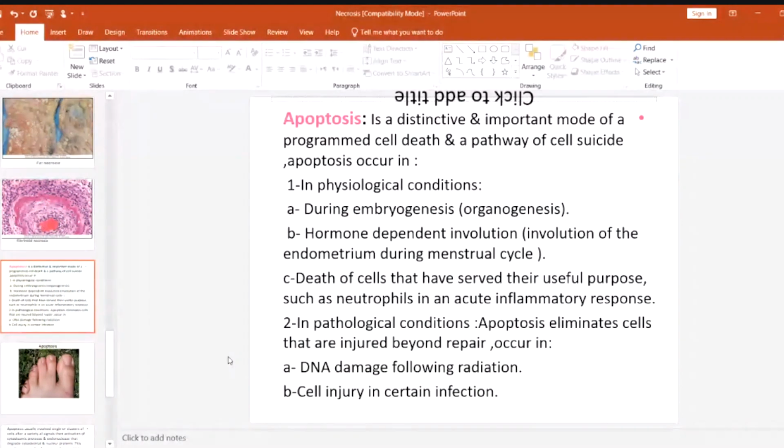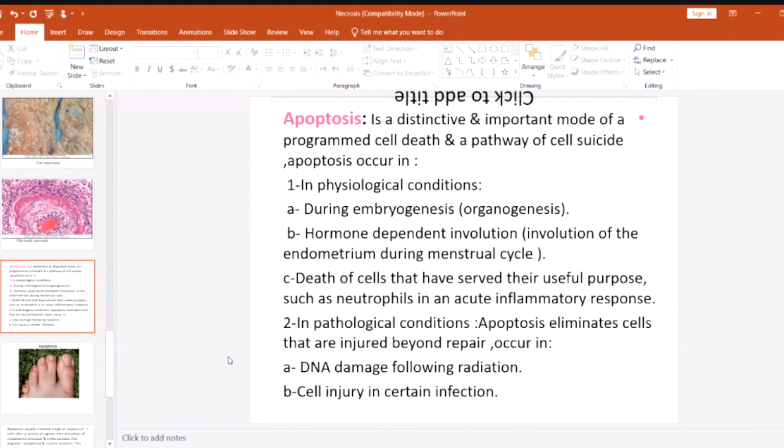Okay students, so the second cause of apoptosis is pathological. For example, this type of apoptosis is seen in a patient who exposed his skin or tissue to radiation, or for example to ultraviolet light for a long time. So there will be DNA damage.